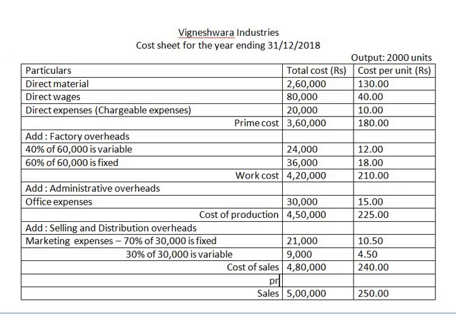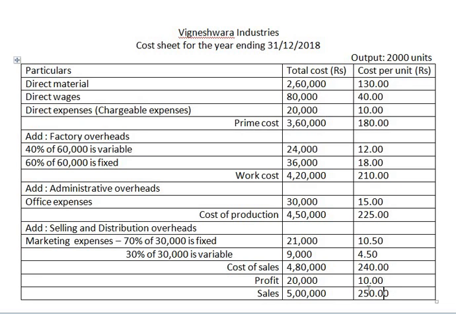Profit 20,000 divided by 2000 is 10 rupees. Okay, so this is the cost sheet for the year 2018.